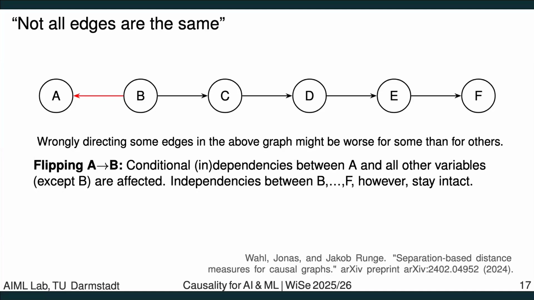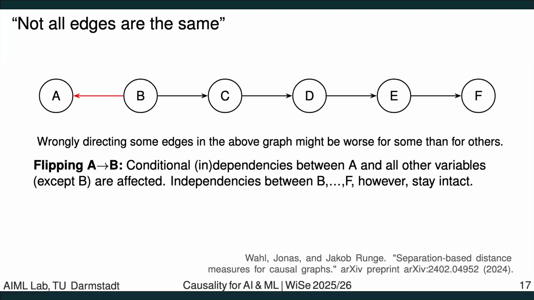So we might think of what will happen if we have some errors. For example, we flip the edge A to B, and think of which of the independencies or dependencies that we had earlier might be violated or no longer be intact.